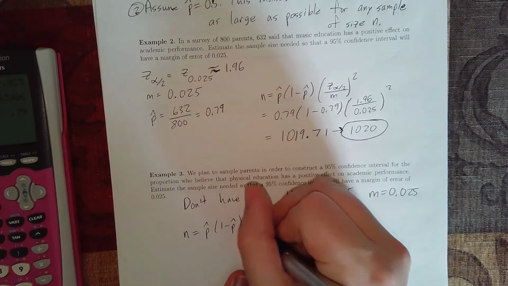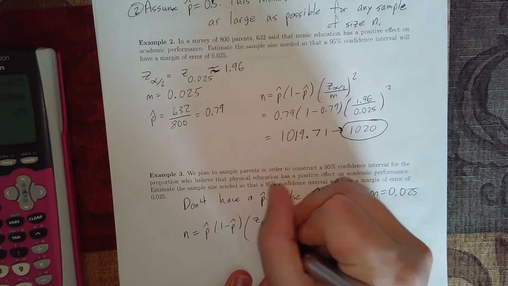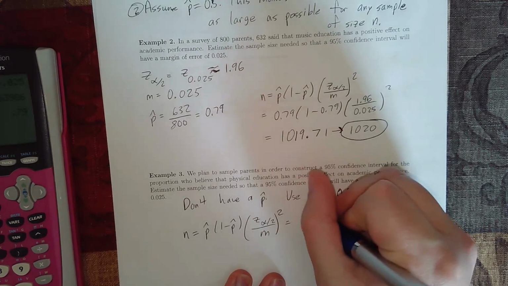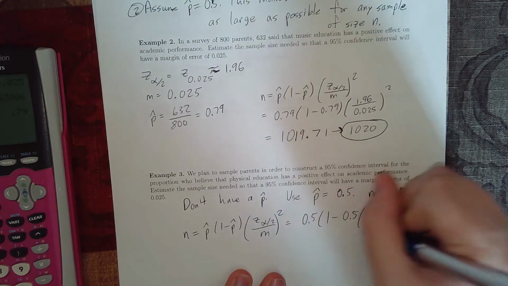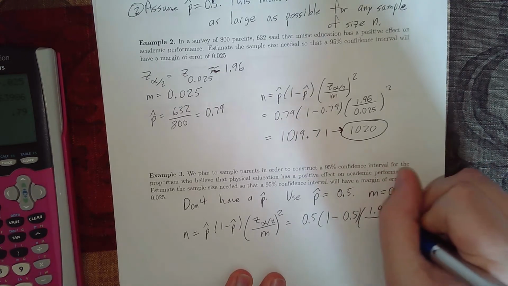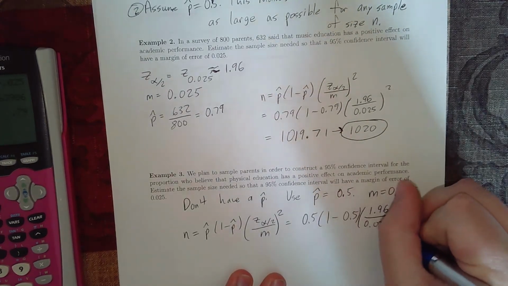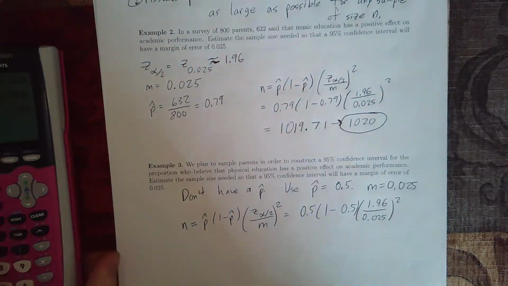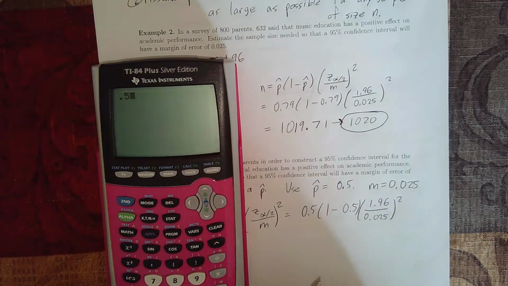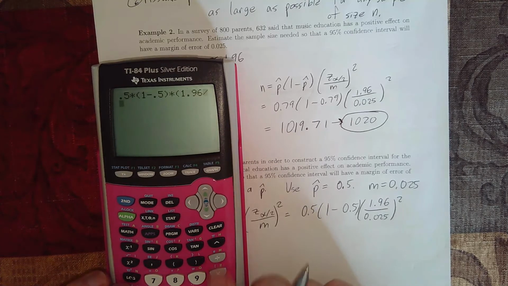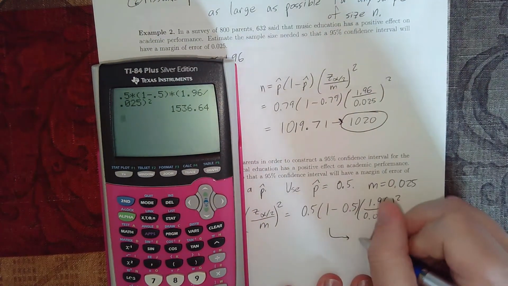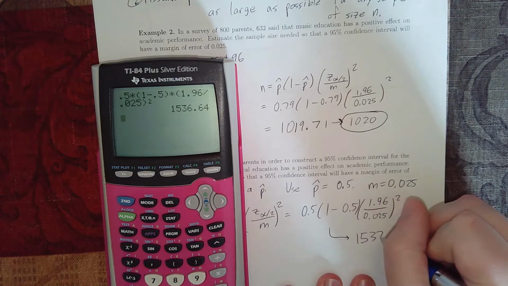And here we also note that m is 0.025, and so when we go to solve for n, p hat times 1 minus p hat times z sub alpha over 2 over m, squared, that'll be 0.5 times 1 minus 0.5 times 1.96 over 0.025 squared. Let's do that really quick. When we round up, we'll get 1,537.